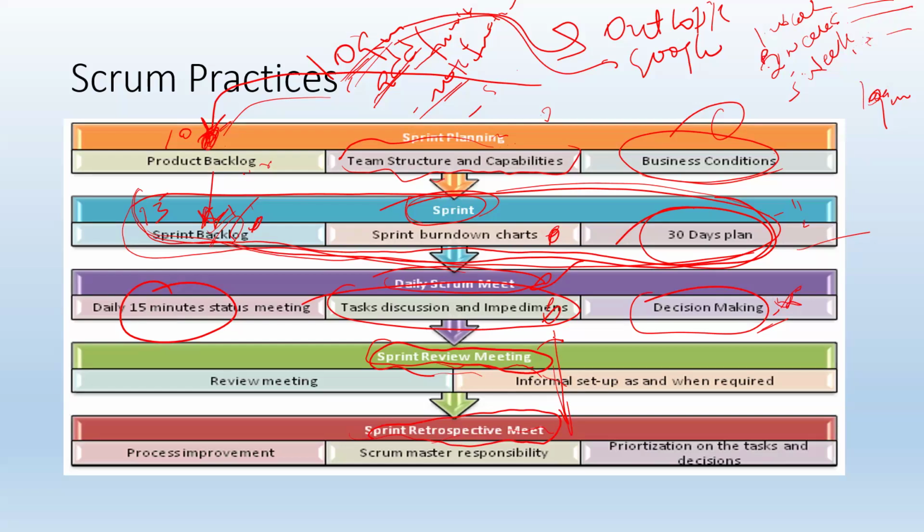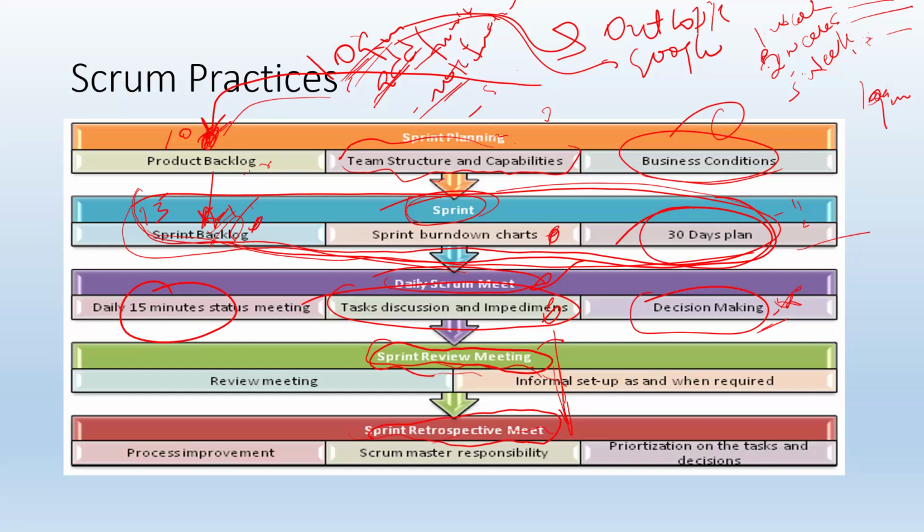The focus of both meetings is the same: what do we do better? What could we have done better? And so on and so forth. That is the sole agenda of having this meeting.